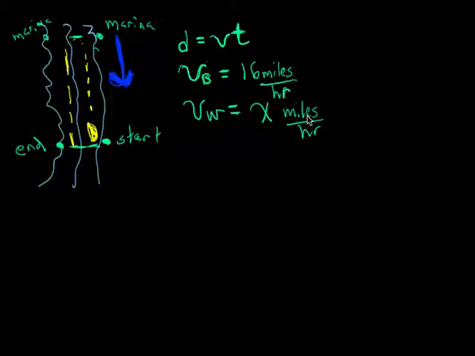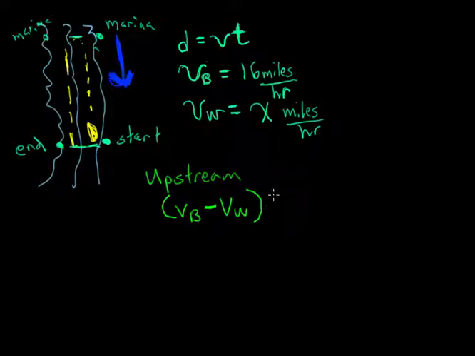So when the boat's going upstream, that water is slowing it down, and so I'll make upstream a green here. And so upstream, the total speed is VB minus VW. The water is slowing it down, times the time it takes to go upstream. And what did we say the time it takes to go upstream was? It was 20 minutes.